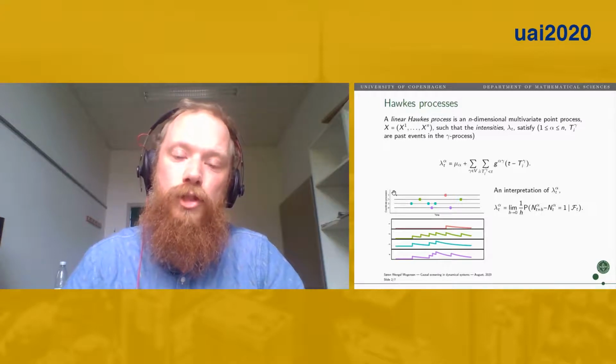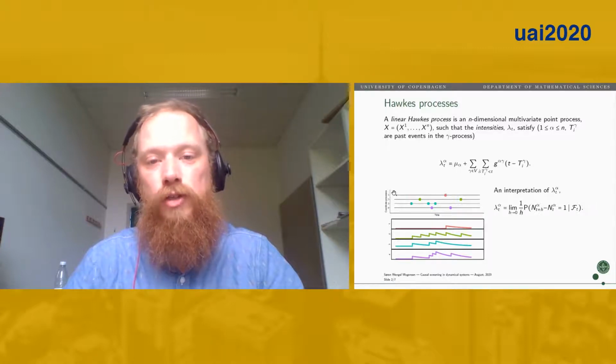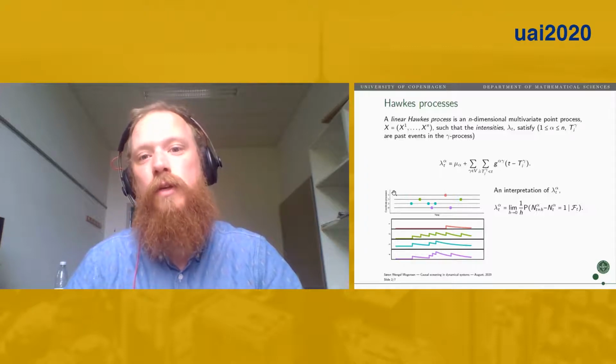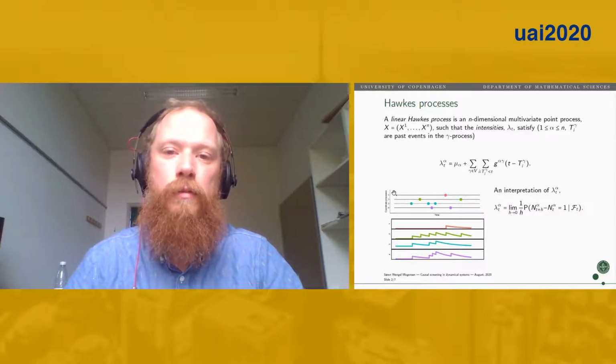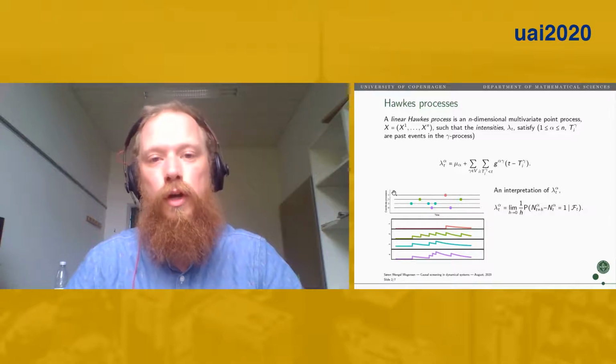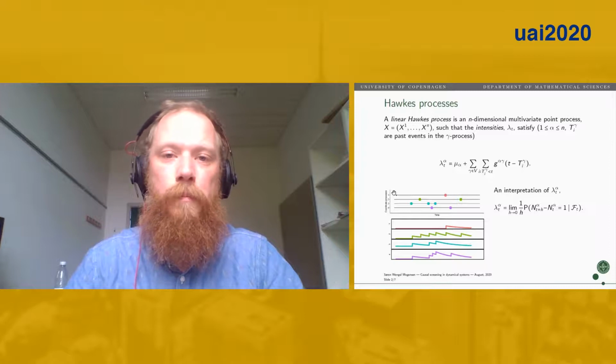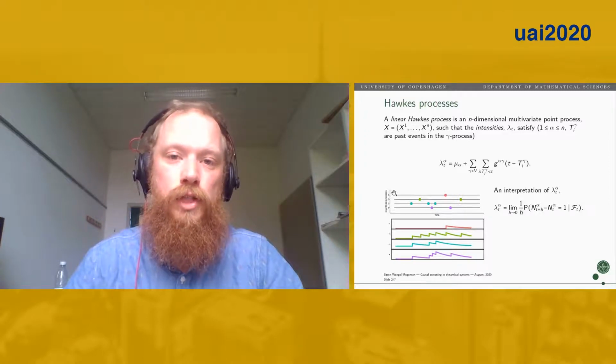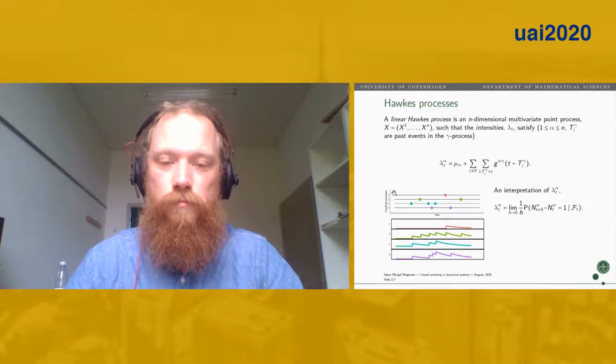And then for a fixed coordinate gamma, we have a sum over all of the previous gamma events. Each of the previous gamma events may contribute to this intensity. And we should note here that the G function is non-negative.